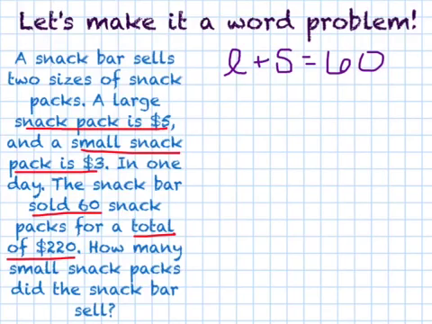Then we'll go ahead and write an equation with the money. A large snack pack is $5, so 5 times however many large ones we sell, plus $3 for a small snack pack, 3 times however many small ones we sell, equals $220.